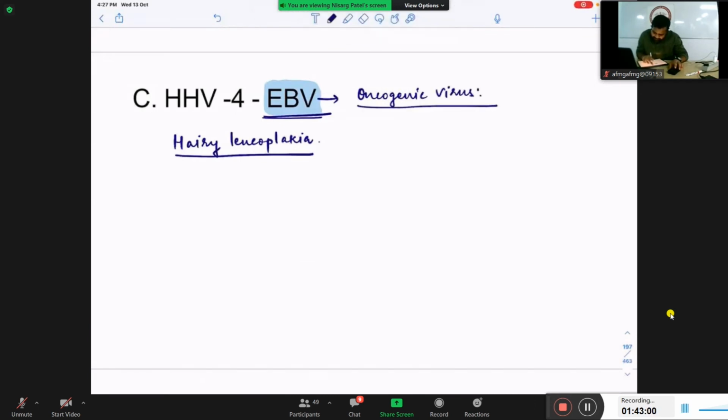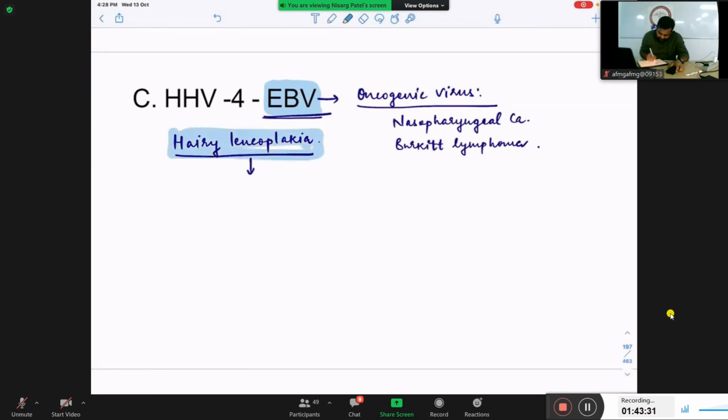It causes nasopharyngeal carcinoma and can lead to Burkitt lymphoma. But remember, why I am telling you this is, if you are asked what is the causative agent of hairy leukoplakia, the answer is the Epstein-Barr virus.